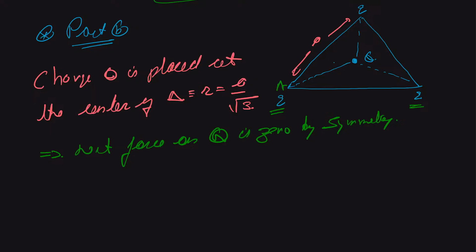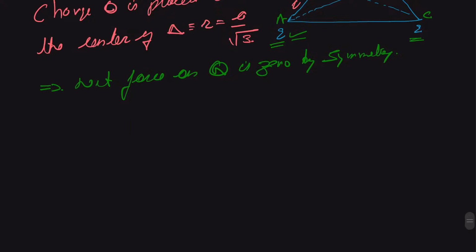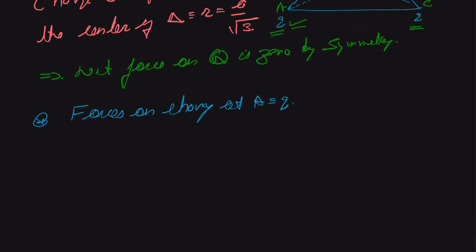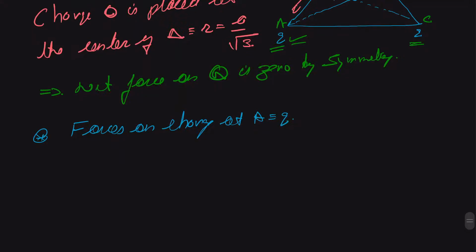Let us call these A, B and C. So let us consider the charge at A. Forces on the charge at A, and charge at A is having a charge of Q. So we have this as our charge at A, this is our charge at B, and this is our charge at C.